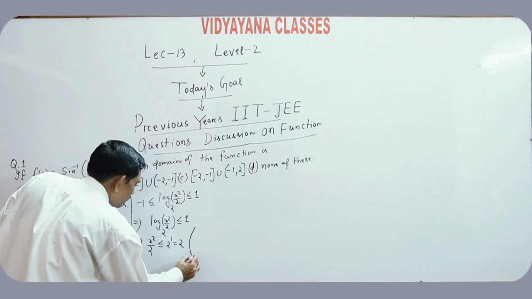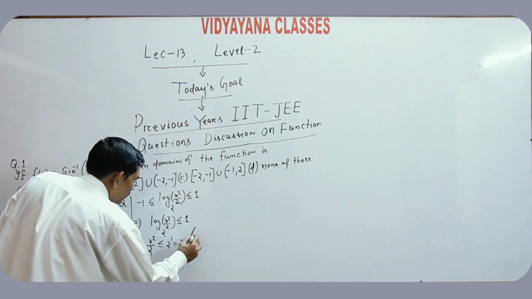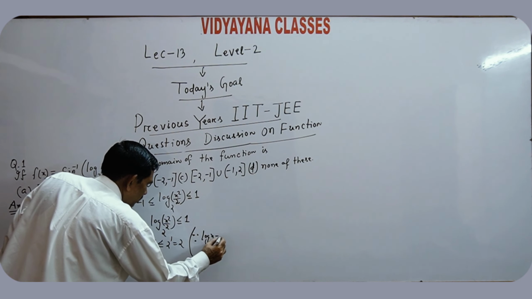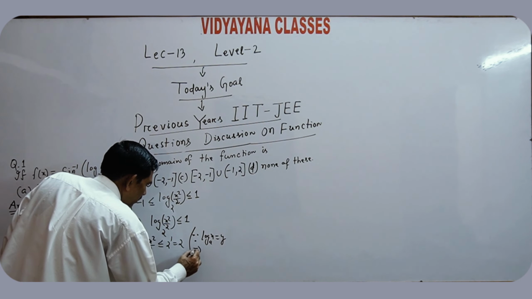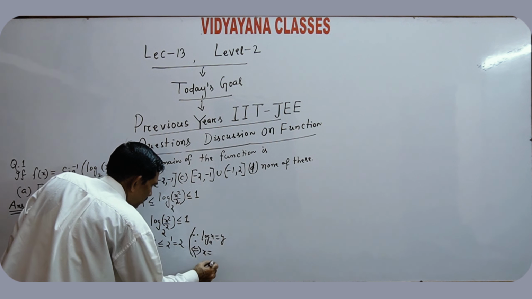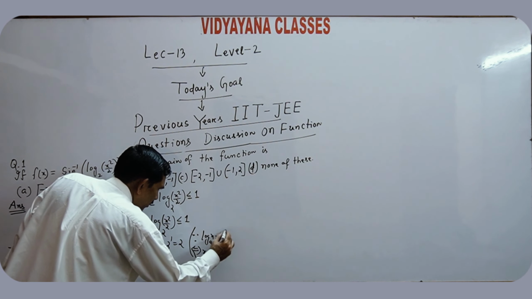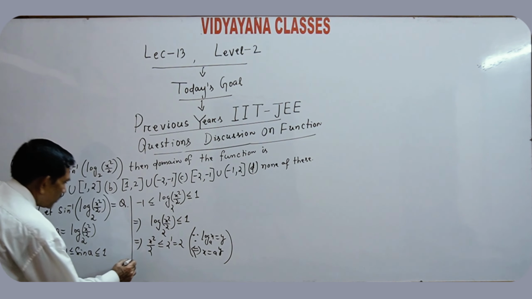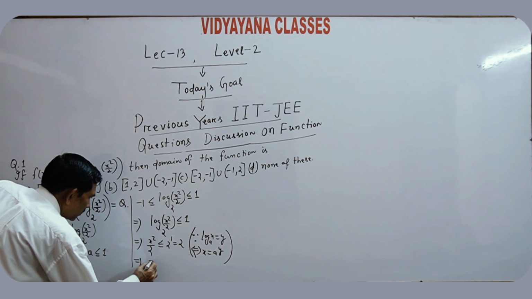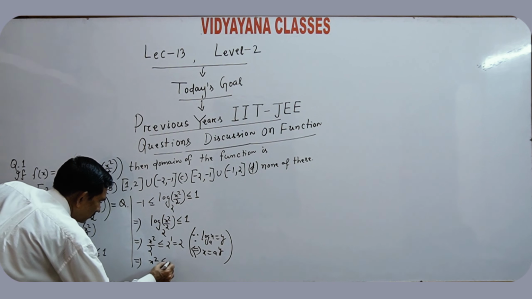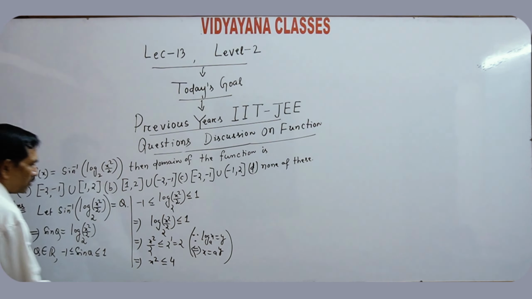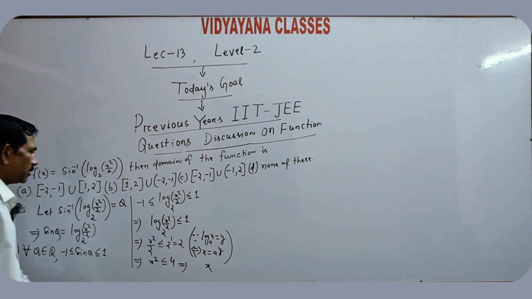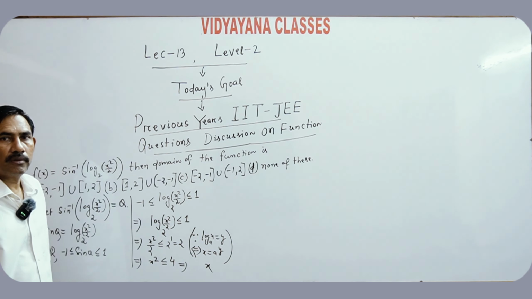Since log x base a is equal to y implies x is equal to a to the power y, this implies x squared is less than or equal to 4.